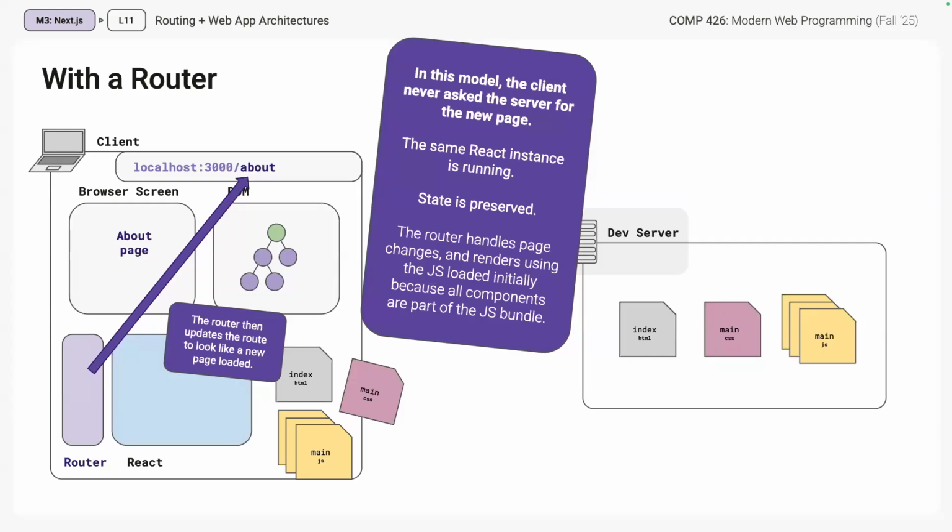Usually a network request might take 300, 500 milliseconds. It might be slow. When we do this method, we never have to make a new request to the server at all because all of our components are already downloaded. So we don't ever have to go to the network again to get all these files, restart our React process, run everything from top to bottom, and then show the new page.